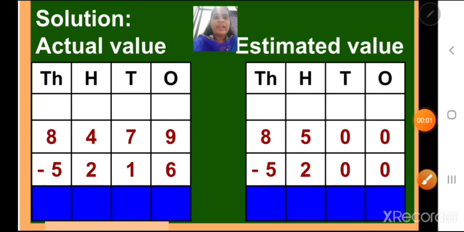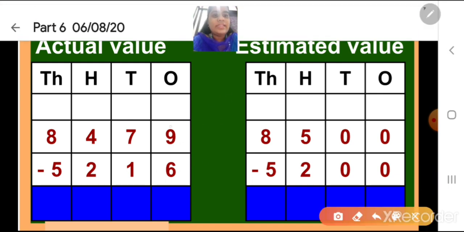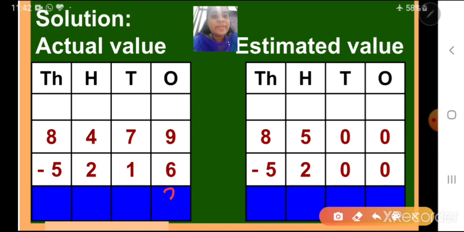Let us now find the solution. First, we will find the actual value. We will find the actual value by finding the difference. So, draw the columns properly, write the place value and the numbers in the proper place. Now, let us subtract. 9 minus 6 is 3.